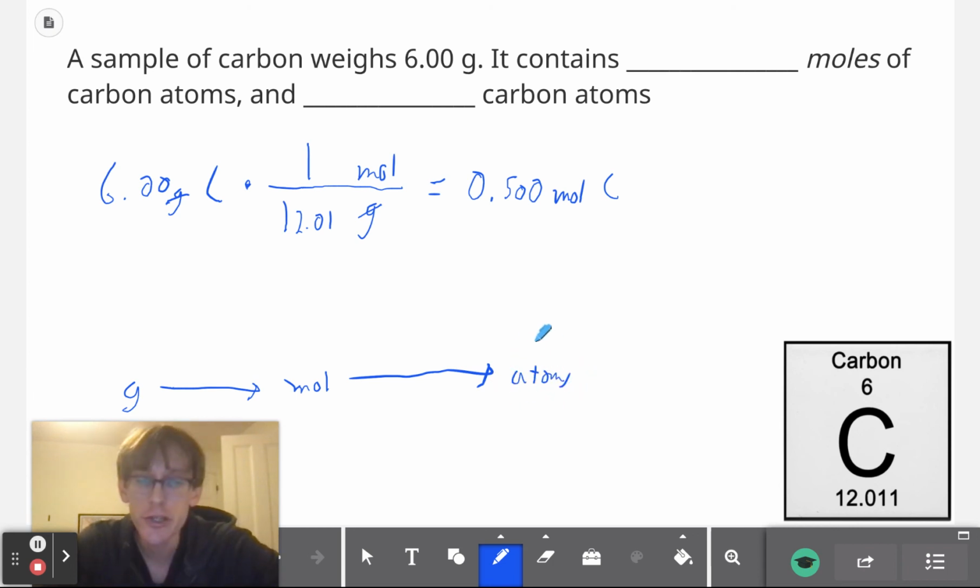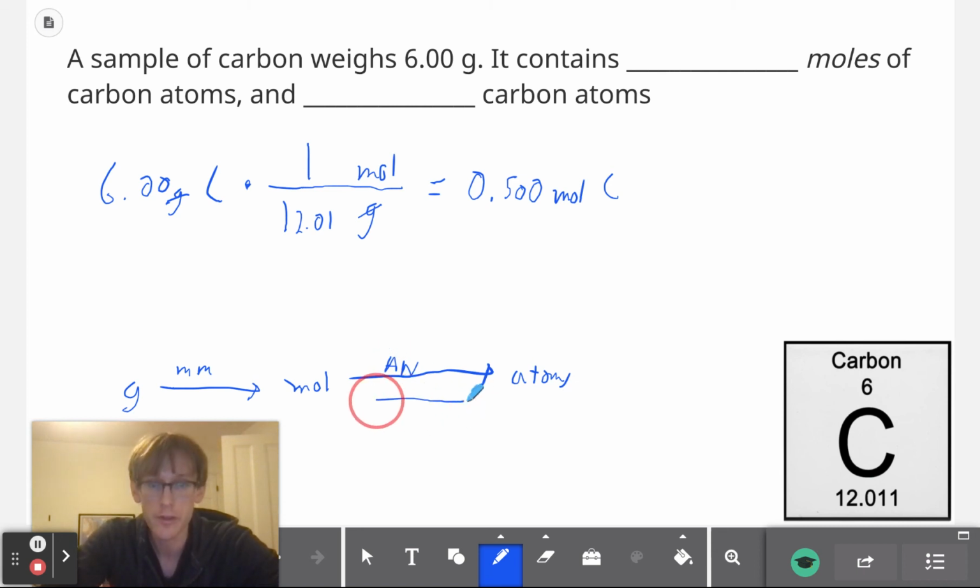Our bridge to get from grams to moles is the molar mass, which I'm just going to abbreviate as MM, and you get that from the periodic table. Getting from moles to atoms, we need to use Avogadro's number, which I'm just going to say AN.